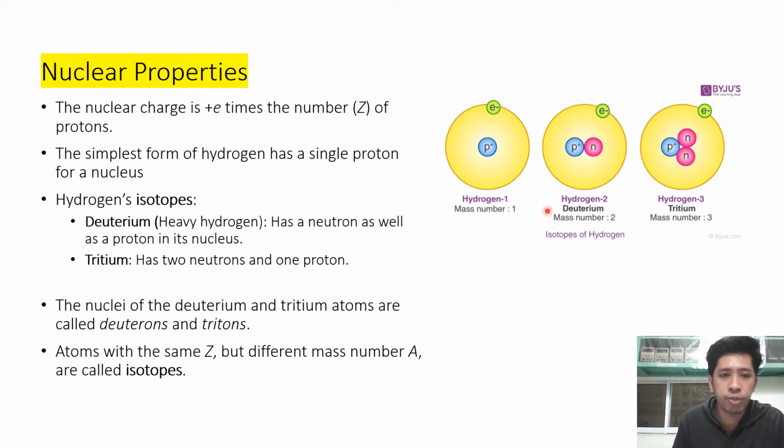So these are the isotopes of your hydrogen. The nuclei of the deuterium and tritium atoms are called here your deuterons, and then your tritons for your tritium. Atoms with the same Z but different mass number A are called your isotopes.